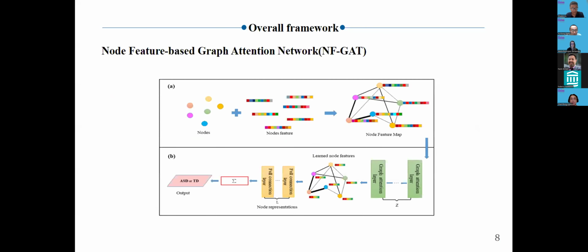Then is the overall framework. The model is divided into two parts. The upper is the construction of the node filter graph. The bottom is based on graph attention layers to learn node filters, and classification based on a fully connected layer.